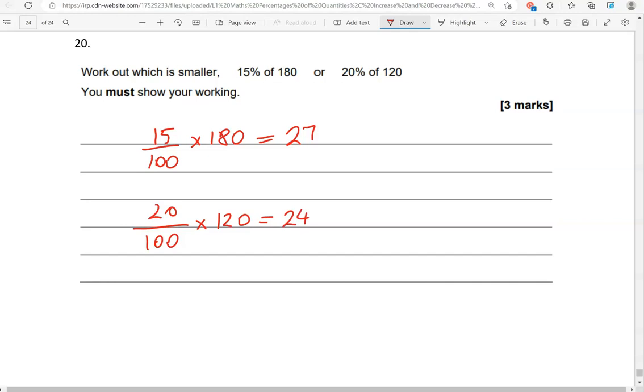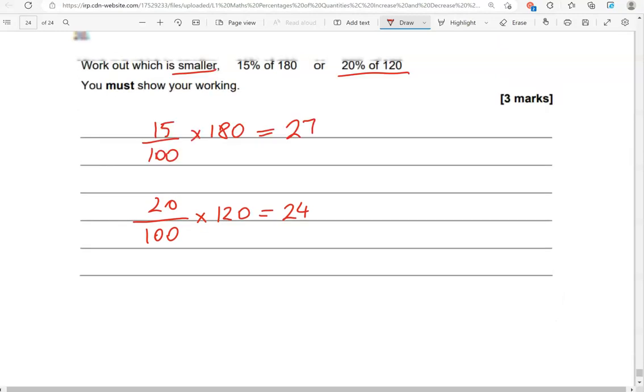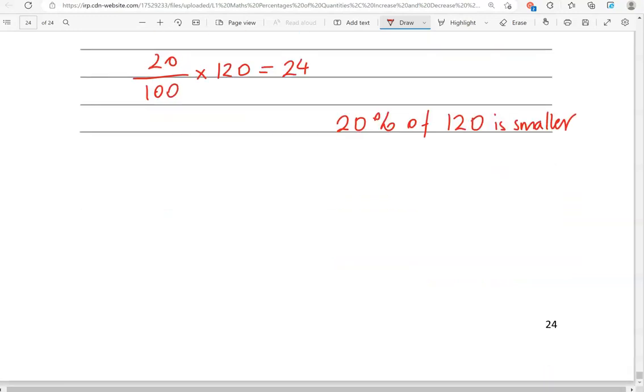Smaller, that is 24, so 20% of 120 is smaller. And this is the end of the questions.